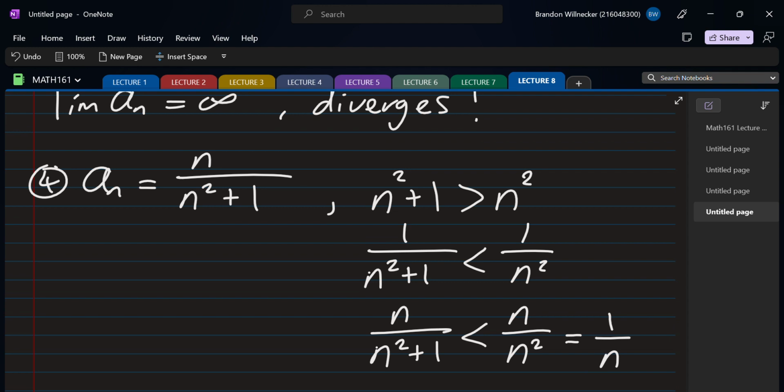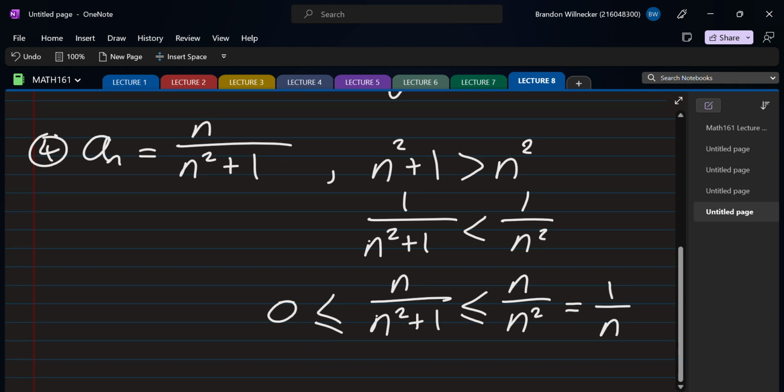But we know that in the limit, this 1 over n will go to 0. And we know that these terms are always positive, so we have 0 is less than this. We can put this as less than or equal to, that doesn't change anything. So we have 0 is less than or equal to our sequence term, which is less than or equal to 1 over n.